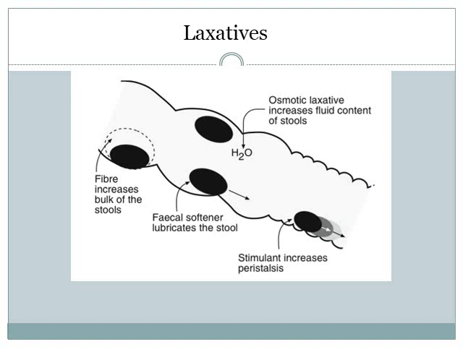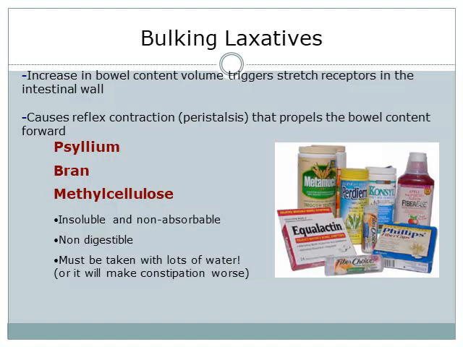Now, obviously, depending on the severity and the duration of constipation, will determine which ones you're going to use. Okay. So we'll start with your bulking laxatives. Now, these ones are great as preventatives. If you are on a medication that is known to cause constipation, or you're going out into an environment where it's more likely to cause constipation, like a cold environment, taking high fibrous substances as a supplement is a very good idea in order to prevent it.